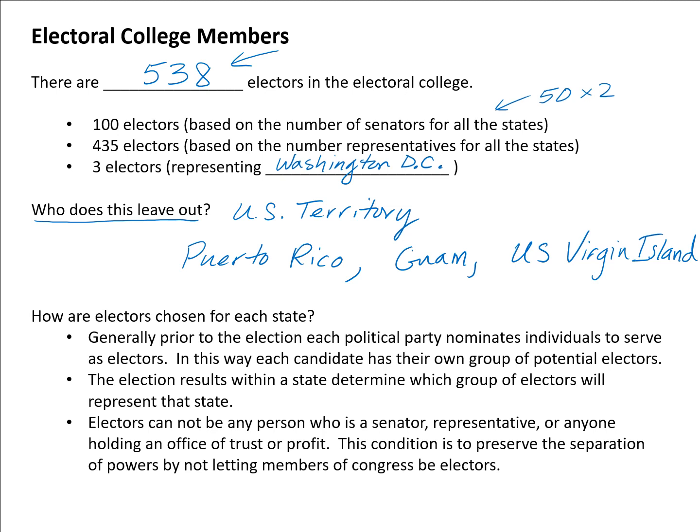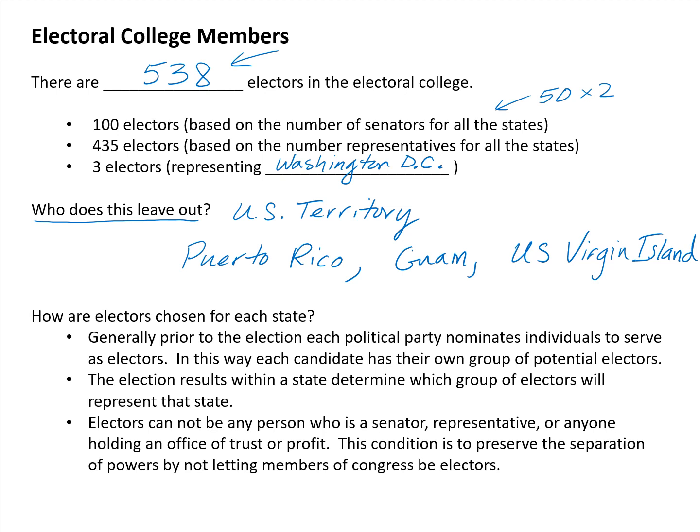So that does show you that there are some inadequacies right away in how the Electoral College is set up. And if you think about it, it was set up over 250 years ago in a very different scenario. Things have changed a lot in 250 years. And this is just one place where the Electoral College is not representing all people in the United States.